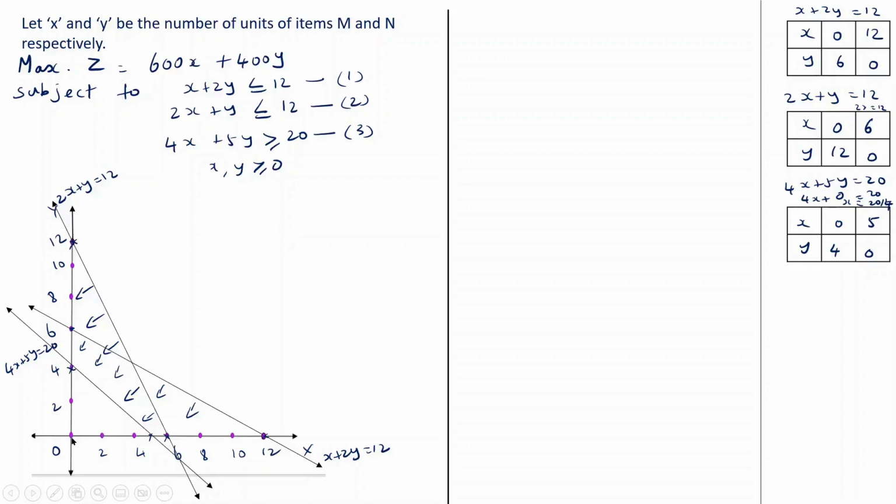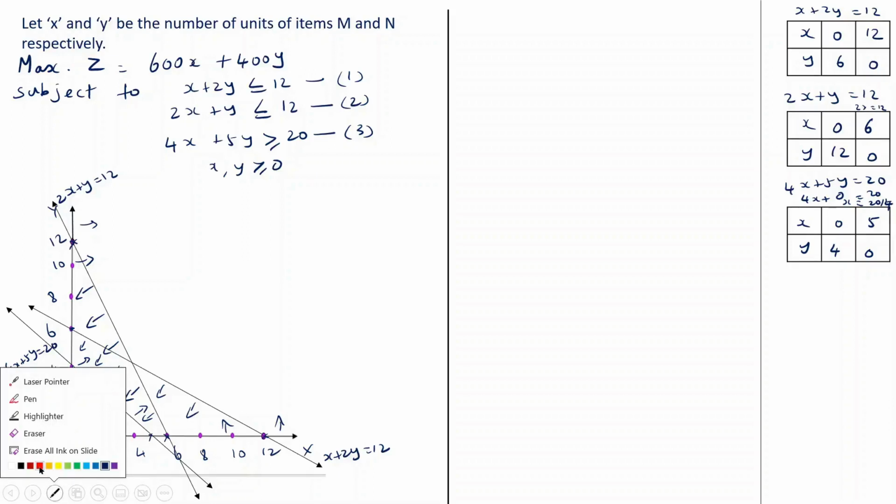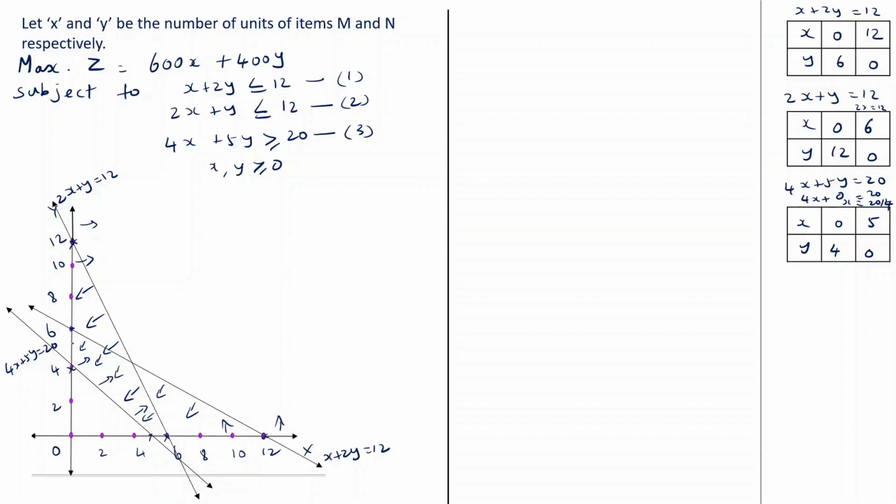If we substitute the origin and check 0, 0, the origin does not satisfy this inequality. So it is the other side, that is this part. And next we have the non-negative constraints x, y greater than or equal to 0. So it is the first quadrant. So the feasible region is this part. So this is the feasible region.